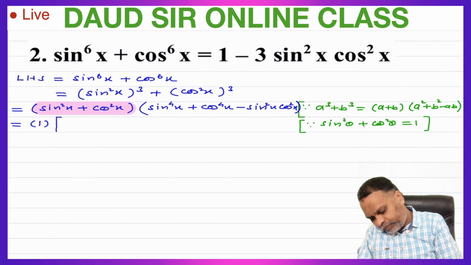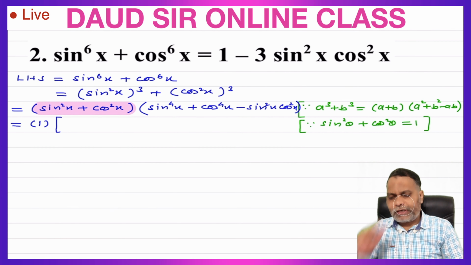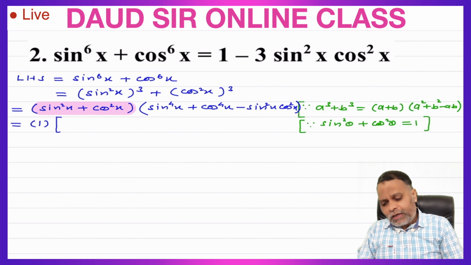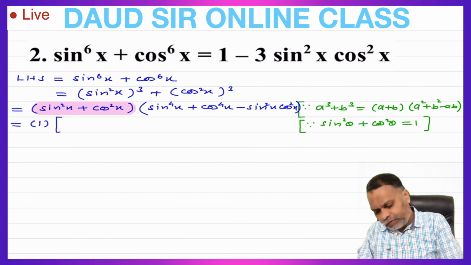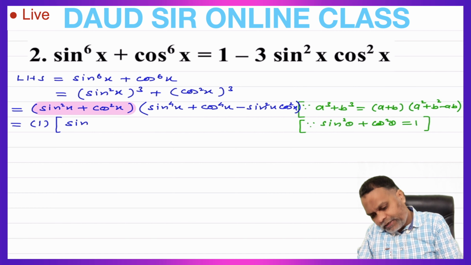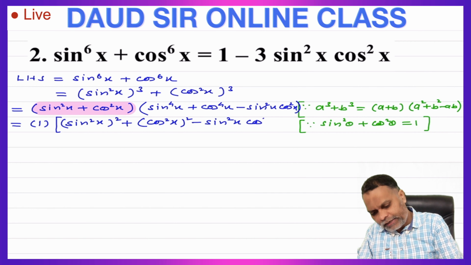Now we have to simplify this: sin raised to 4x plus cos raised to 4x minus sin square x cos square x. So one more identity we have. First write this sin raised to the power 4x as sin square x whole square, plus cos raised to the power 4x can be written as cos square x whole square, minus sin square x into cos square x.